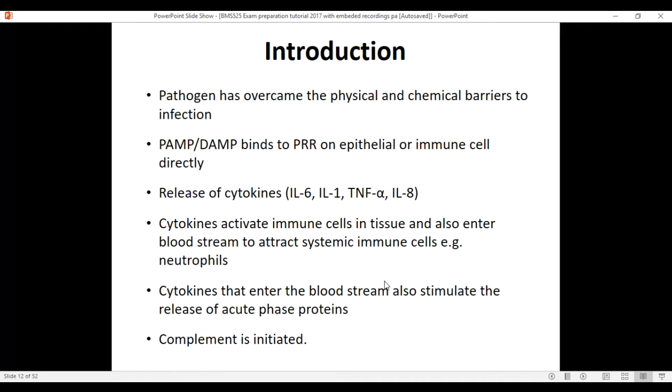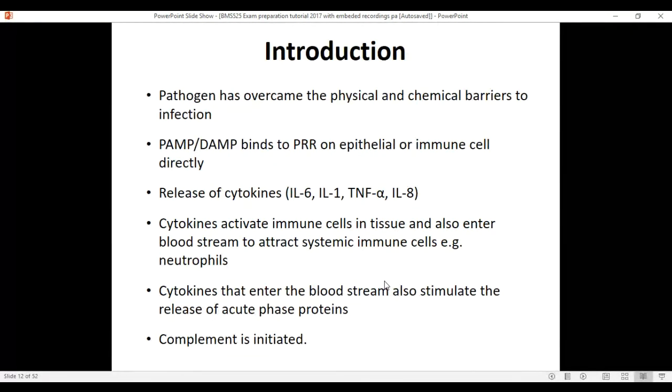Okay, and C3 is critical to complement. So once you get the release of C3, then we will get the arrival of C3 in the tissue, which will then contribute in part to the initiation of complement.